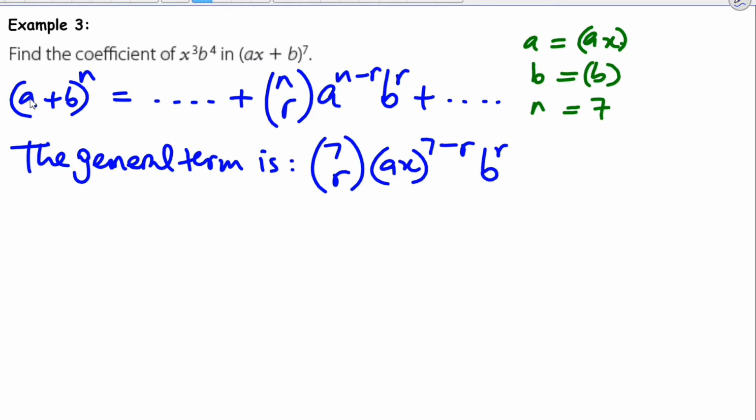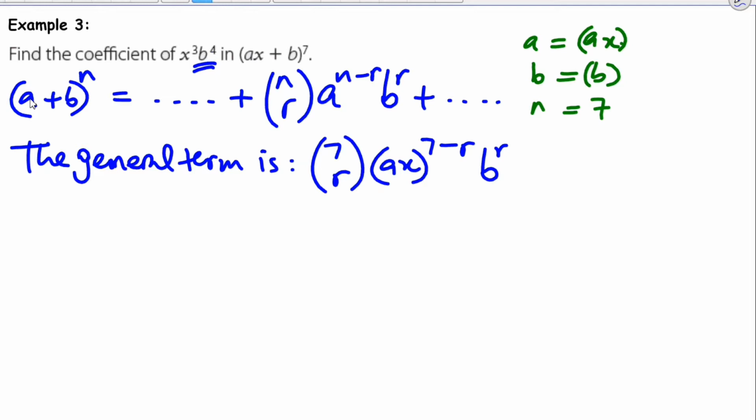So what we need to do here is to try and find what r is, because if we can find r, then we'll be able to find the required term. Now, from the question, the required power of b is 4, right here. So by inspection, r should be equal to 4.